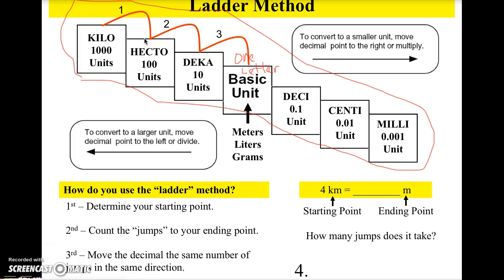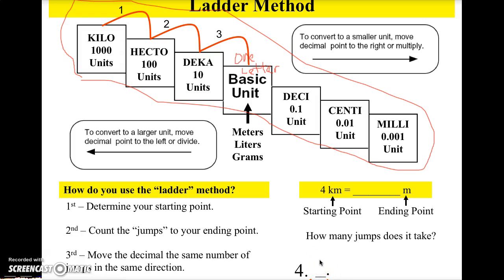And what I always do is rewrite my number with a decimal after it. If you have a number that's all by itself, that number is really the same number as 4.0, because there's a hidden decimal that you can't see right after it. If they don't put a decimal, it's always after the number. So it took us 3 jumps, and so we come 1 jump over with our decimal.